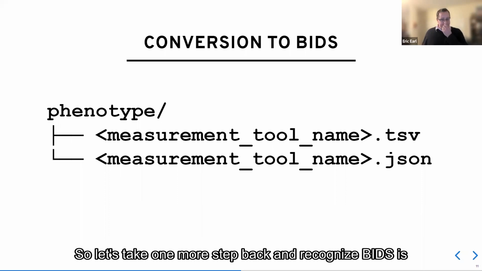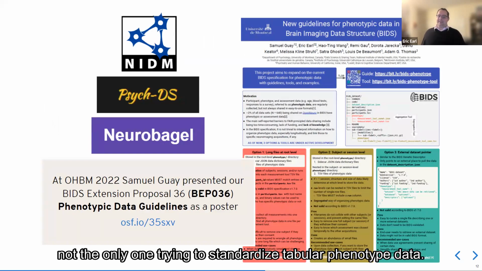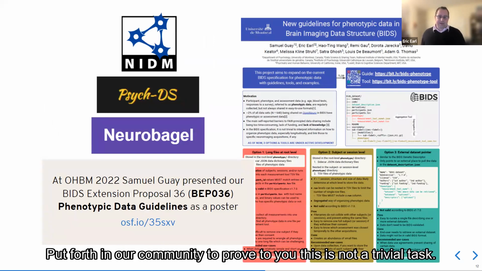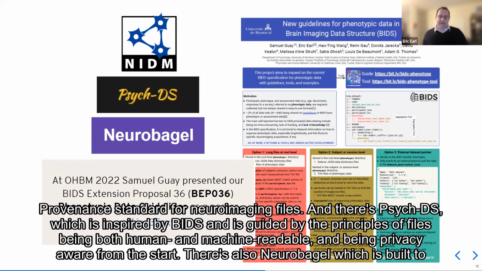So let's take one more step back and recognize BIDS is not the only one trying to standardize tabular phenotype data. I want to at least mention a few other great efforts put forth in our community to prove to you this is not a trivial task. There's the Neuroimaging Data Model, or NIDM, which defines extensions to the W3C provenance standard for neuroimaging files.